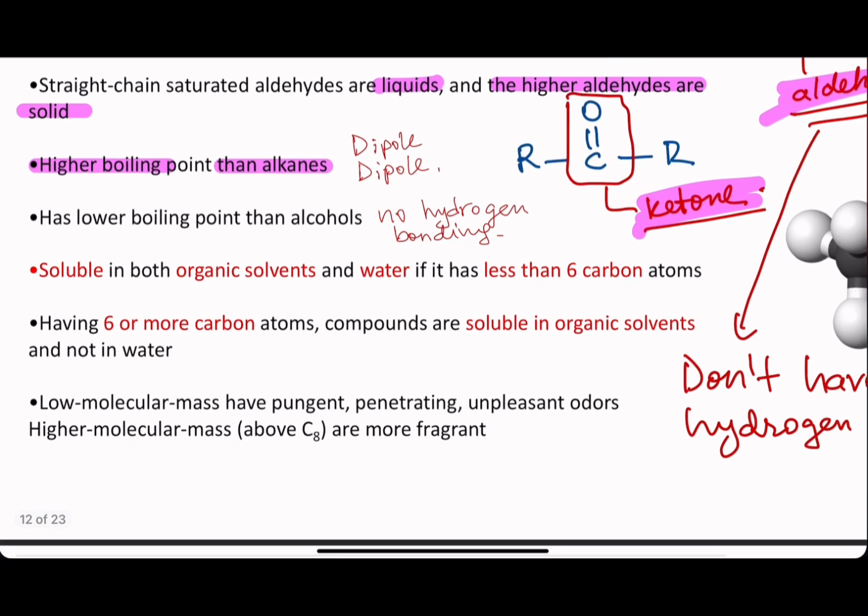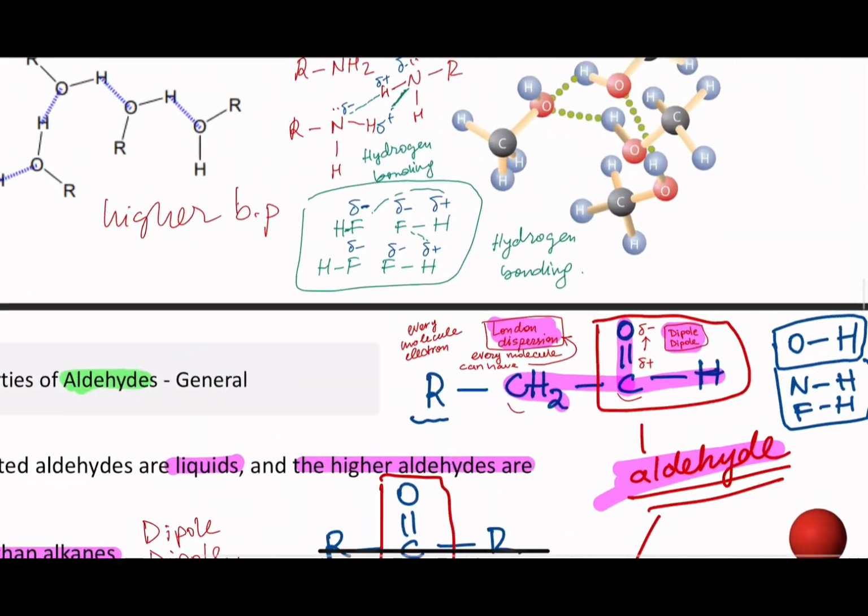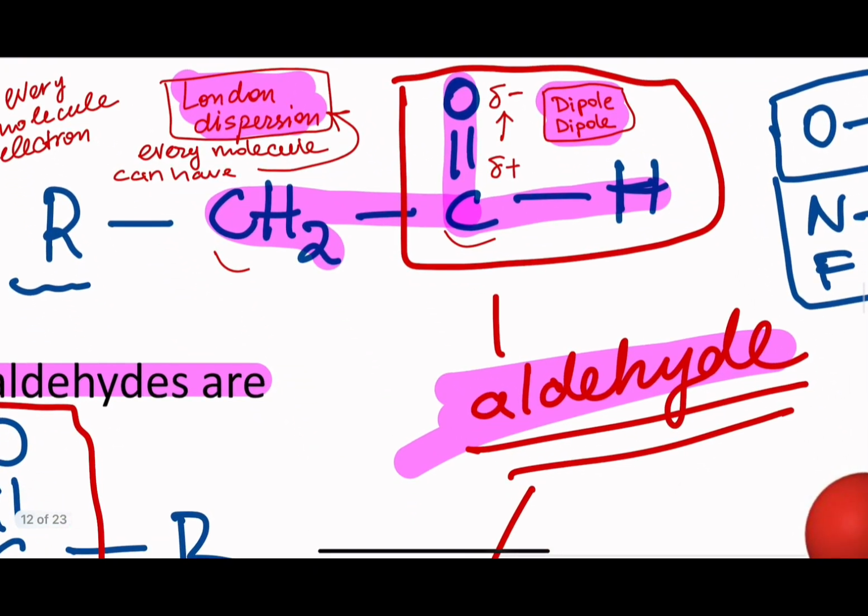Now, these guys are soluble in both organic solvents and water if they have less than 6 carbon atoms. You see this aldehyde here, I told you this side has a polarization, a negative pole and a positive pole. So this compound has polar characteristics.